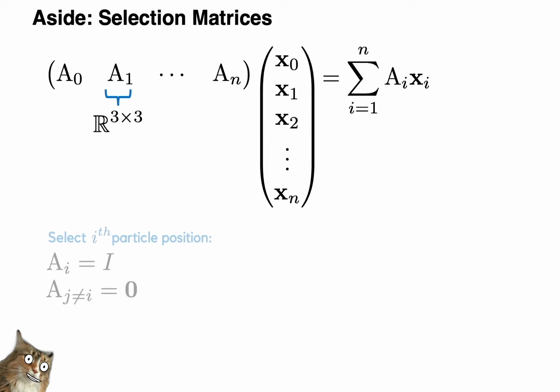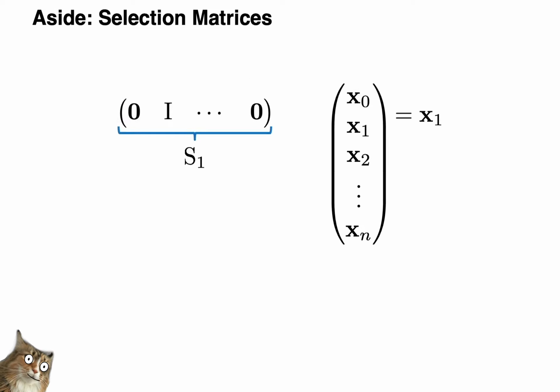We can use this to select the ith point in the vector by setting all the A's equal to 0 except for the A in the ith position. Setting this value to identity will, as our summation shows, perform the desired selection. As an example, we can select the second particle position, x sub 1, using the selection matrix S1, which is filled with zeros except at the second position where it features a 3 by 3 identity matrix.